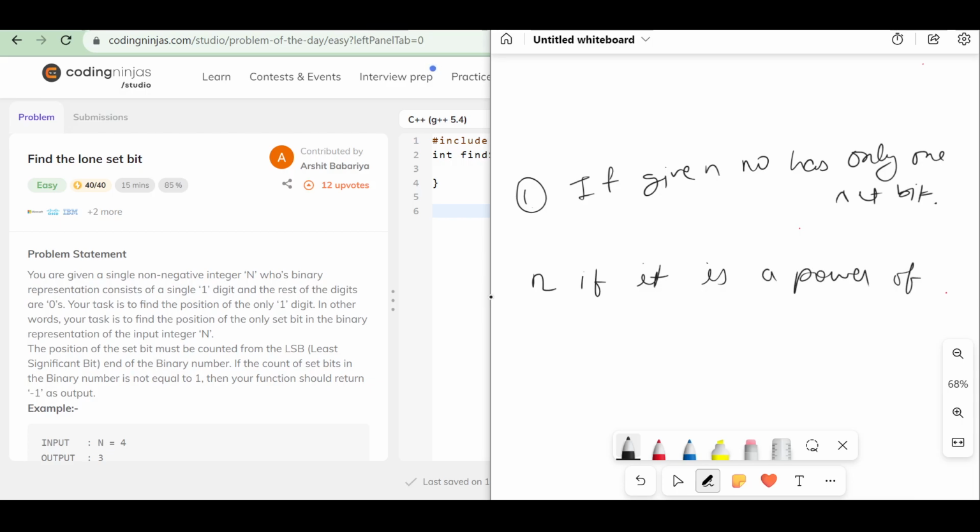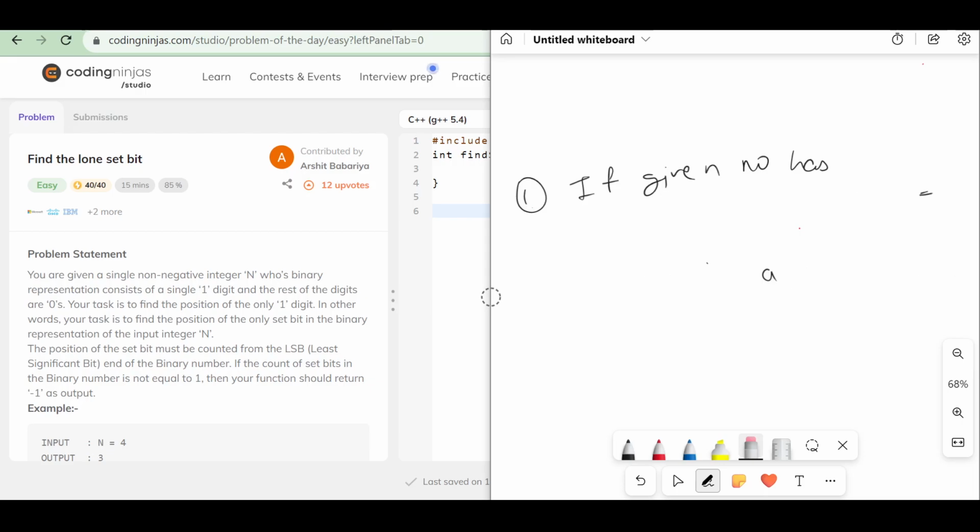Means if n is equal to 2 to the power x, where x can be 0, 1, 2, 3, anything. Let me prove this fact.